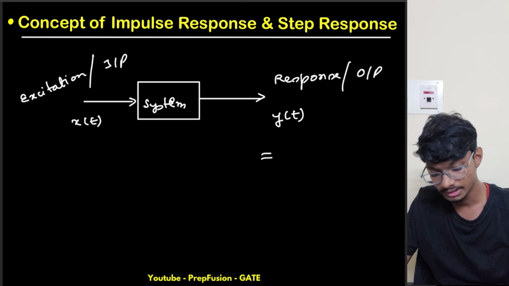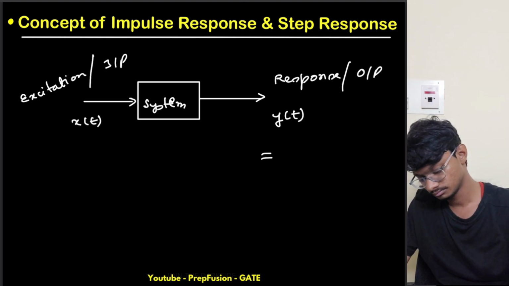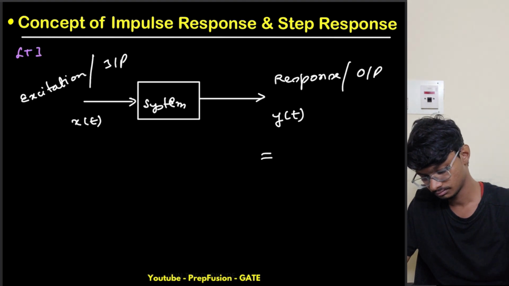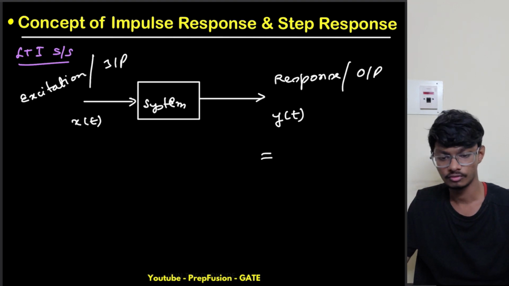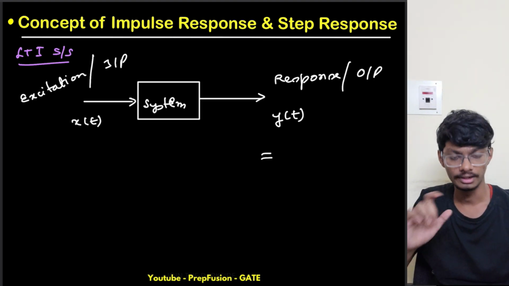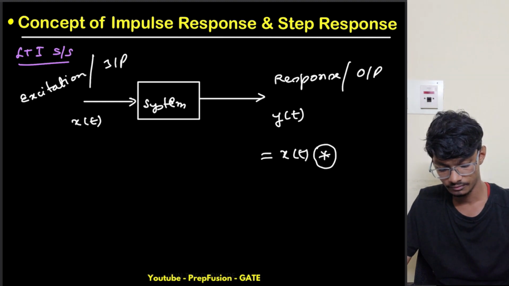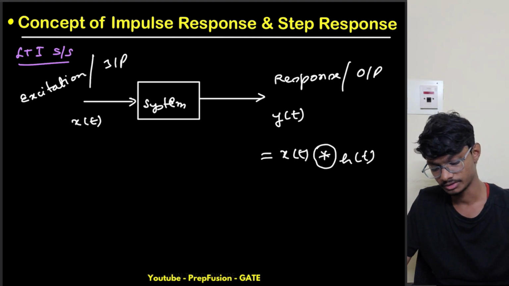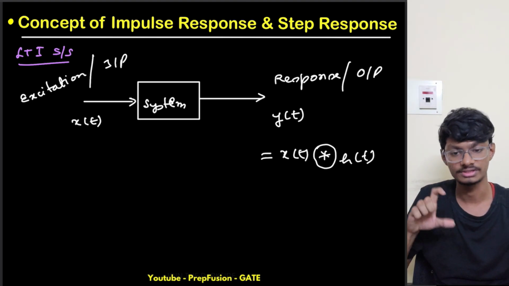So how are they related for an LTI system? For an LTI system, y of t is x of t convolved with h of t. h of t is the impulse response of this system, the one defined as the impulse response.